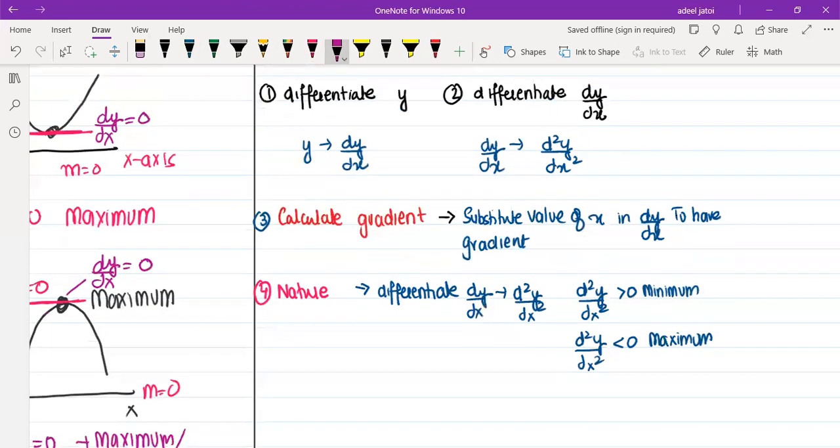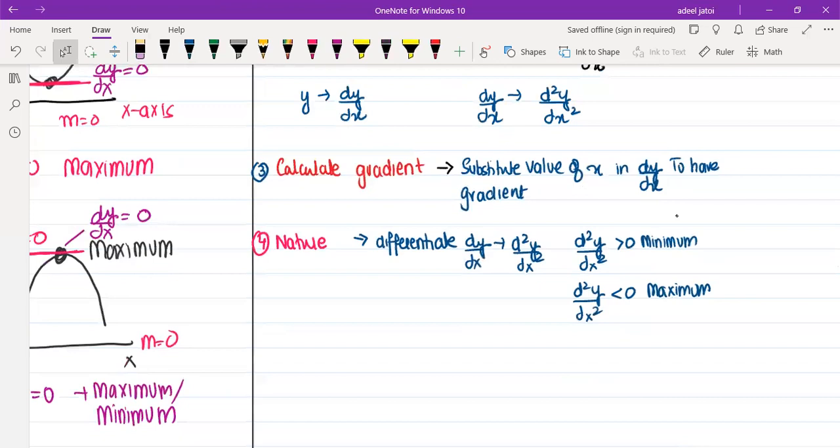The examiner can ask you to find the equation of tangent.